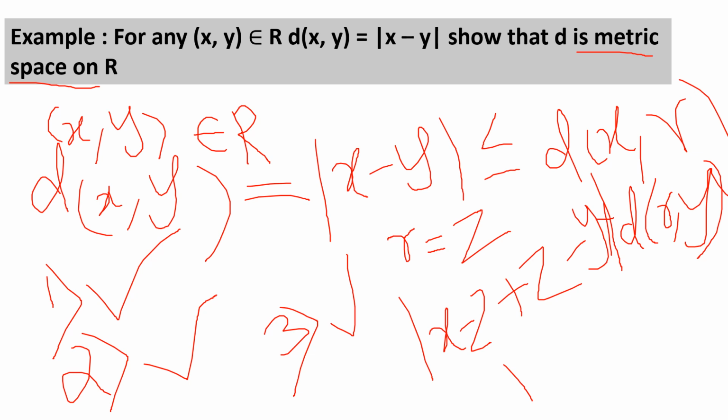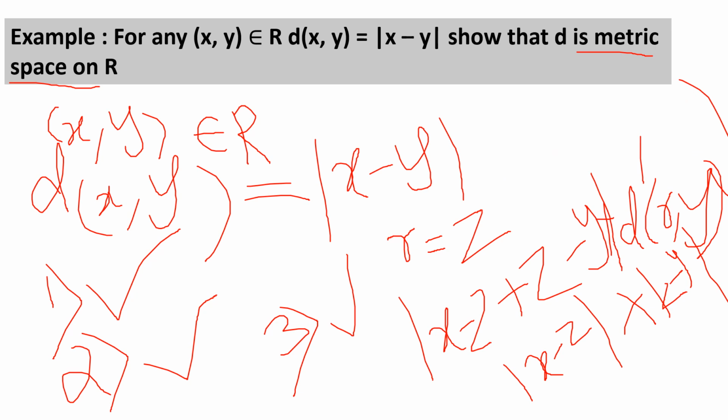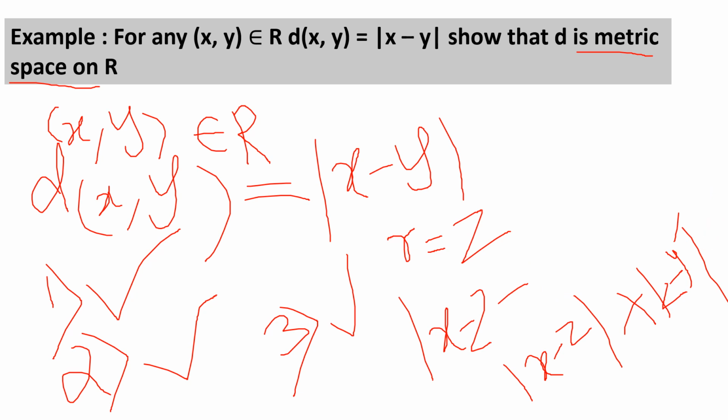And now I am separating the mod, which is nothing but mod x minus z plus mod z minus y. And here we added z minus y.